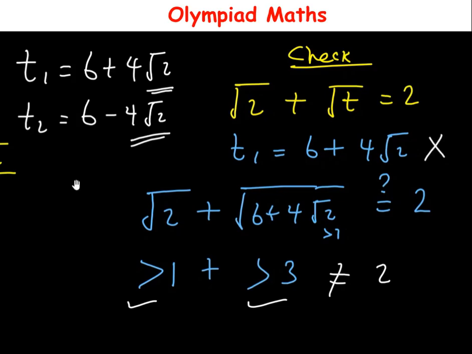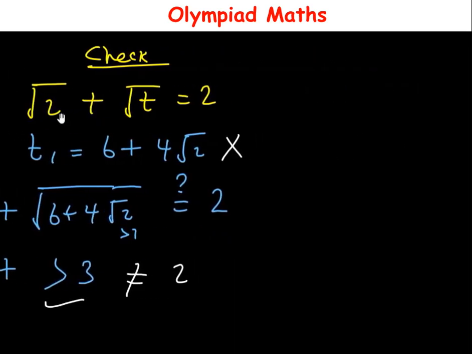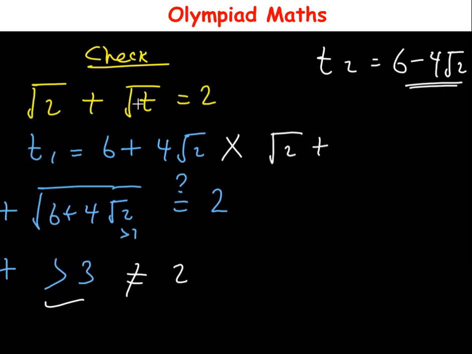Next is to confirm the value of t2, which is 6 minus 4 root 2. Inputting this into the equation, root 2 plus root t becomes root 2 plus the square root of 6 minus 4 root 2, equal to question mark.